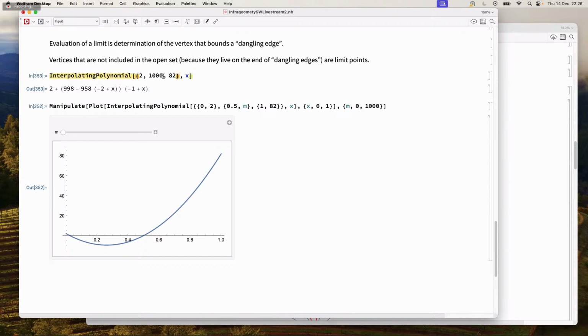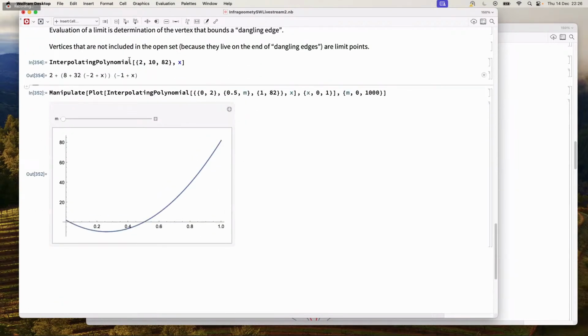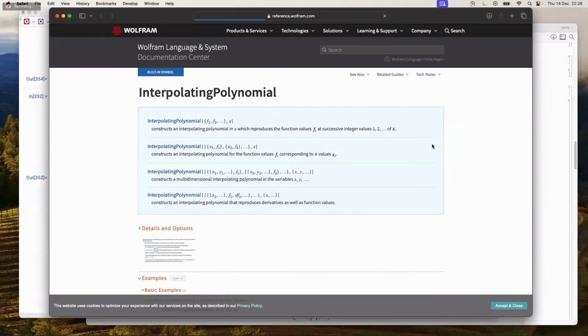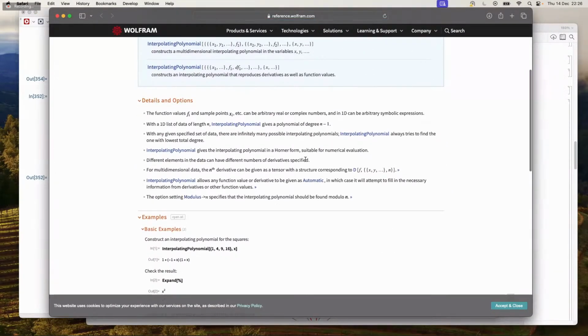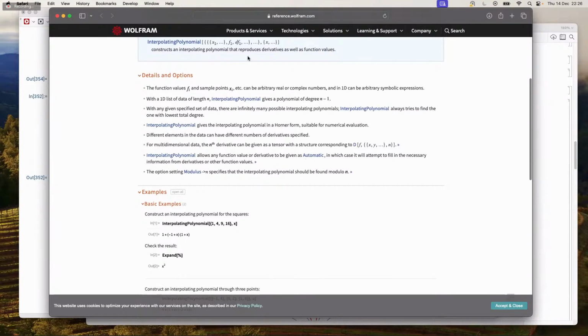This is always going to be quadratic, it's always interpolating. So look up the documentation for interpolating function, maybe it has a way of having a different order. No, I think it just makes the polynomial through that.